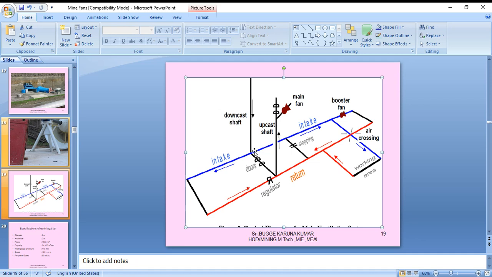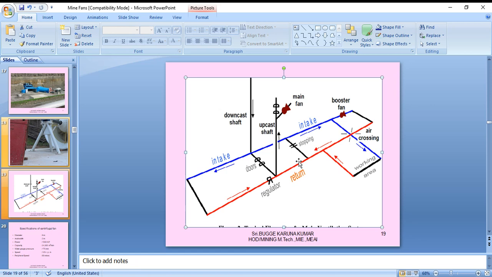Similarly, the air on another side is also going on intake. Some air requires boosting because the pressure is not sufficient, so at that time the air is boosted. Sometimes there is no need to go this side. You need to cross this one, just like our road crossings. This path will be ventilated, and the exhaust returns.